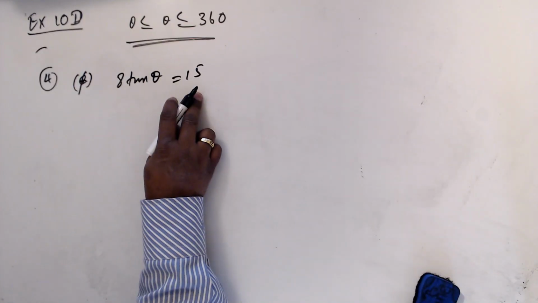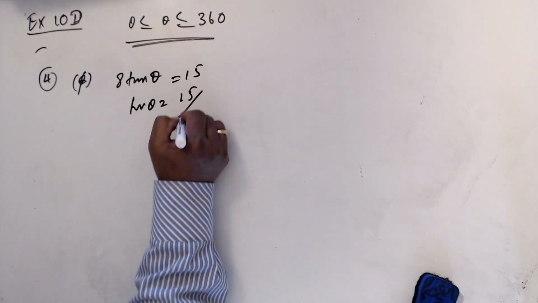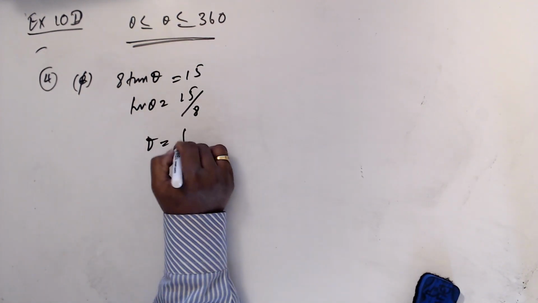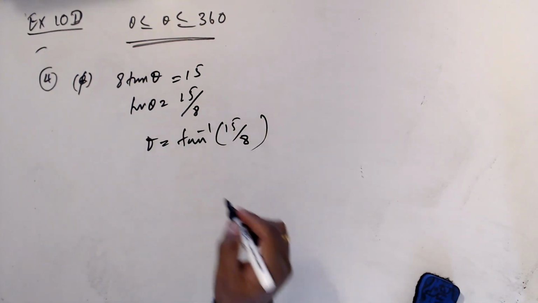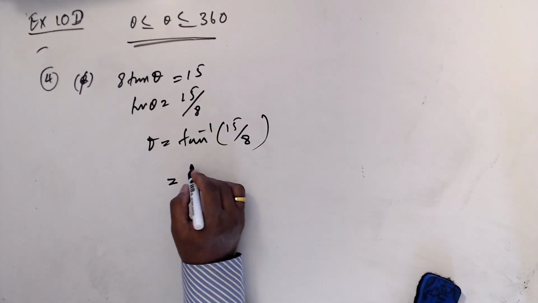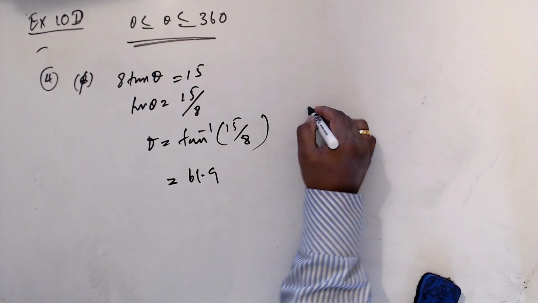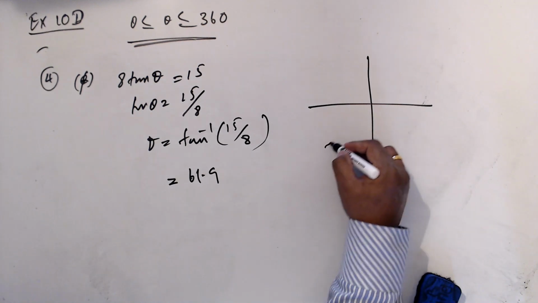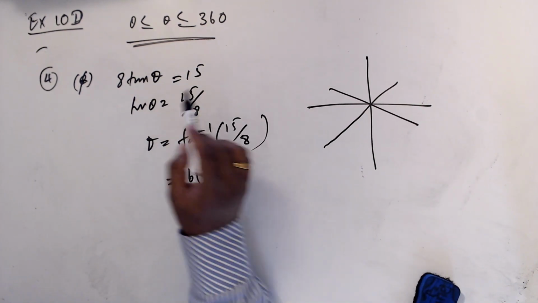Next one, 8 tan theta equal 15. Tan theta equal 15 over 8. Theta equal tan inverse 15 over 8. So this angle is going to be 61.9. Second one, tan is positive on which quadrants?